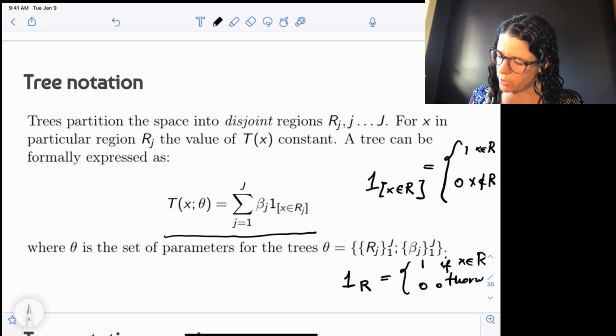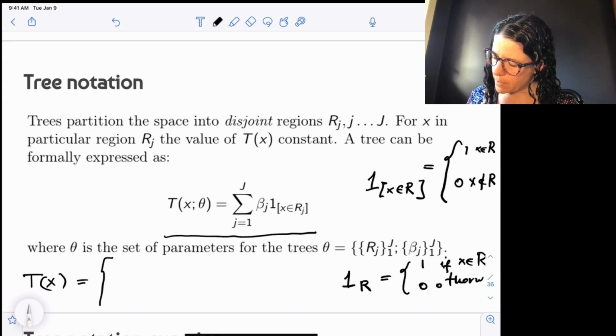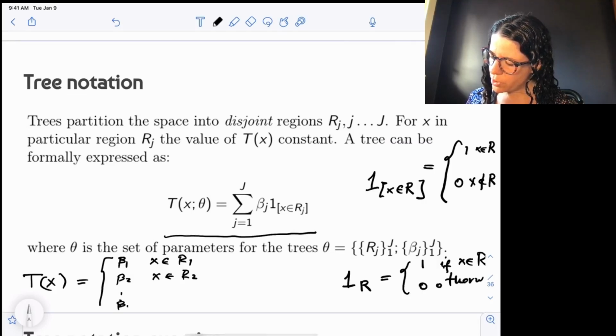So this function T(x; theta) is going to be beta_1 for x in R_1, beta_2 for x in R_2, and beta_j for x in R_j.